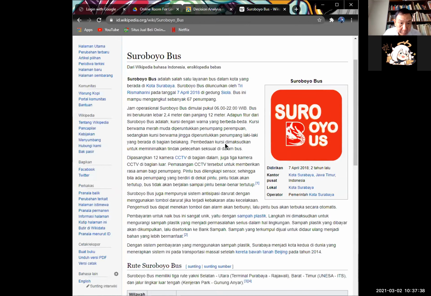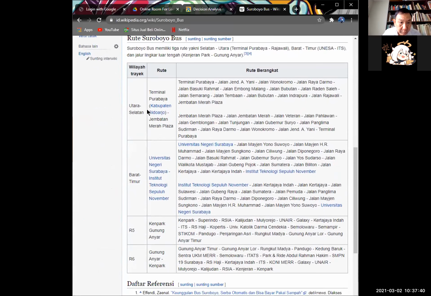First one is from Terminal Purabaya to Rajawali. The second one is from Unesa to ITS, and the third one is from Kenjeran Park to Gunung Anyar. Can you see my screen? Yeah. These are the 3 routes.